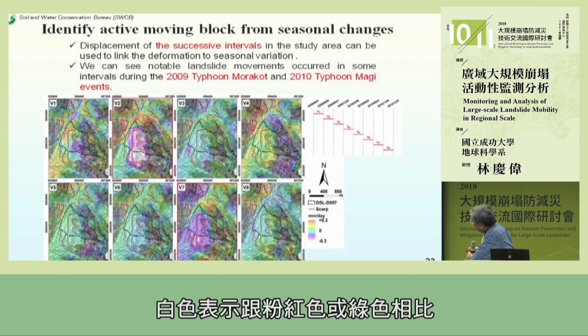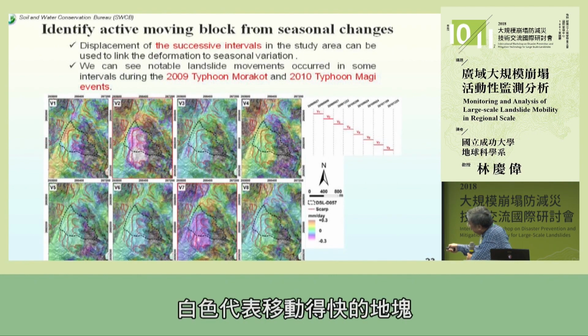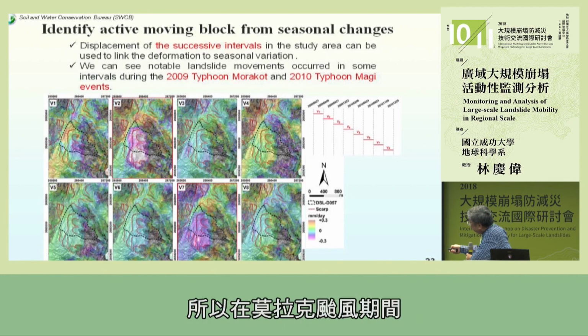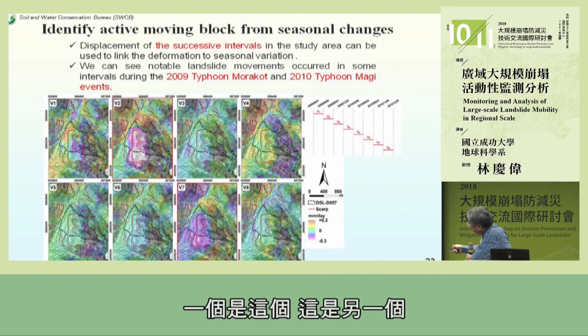One is this one. The white color represents a very high displacement rate compared to pink or green, so the white color here represents the block moving fast. So during the Typhoon Morakot event, within this deep-seated landslide, we can identify two active moving blocks, one is this one, the other one is this one.